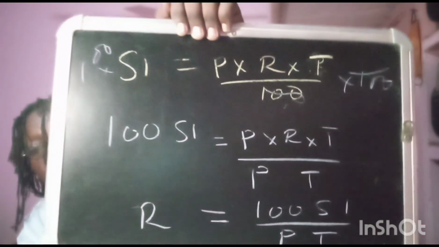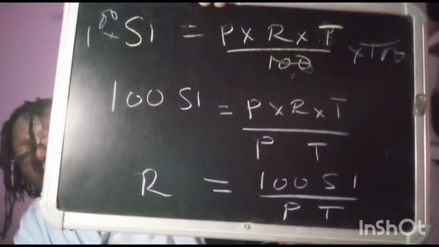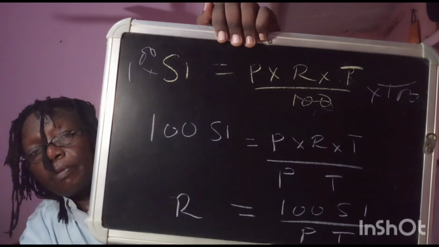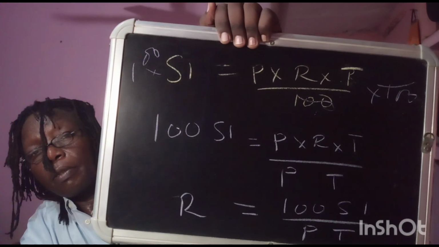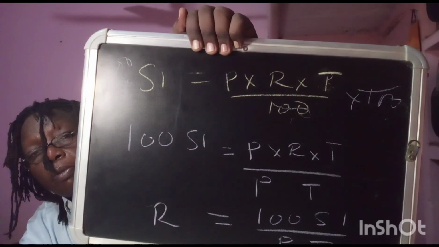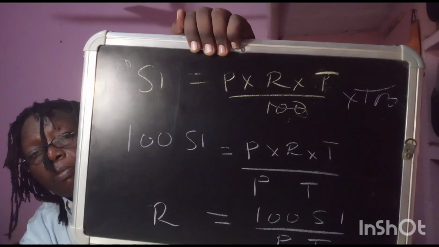So I'd given the figures, and I'm going to plug them in. I think you are copying or whatever. If you want to copy, this is the thing. So far we've done that much. To make it quite clear: 100 times simple interest equals principal times rate times time over 100, cross multiplication.